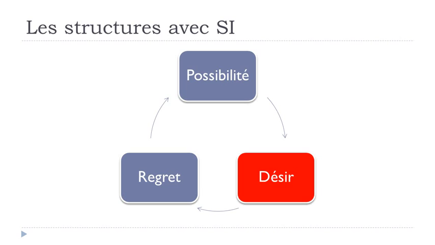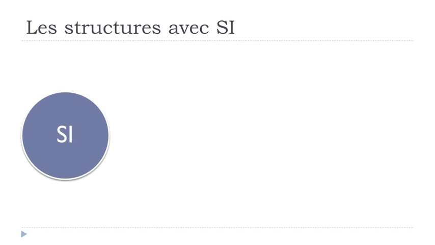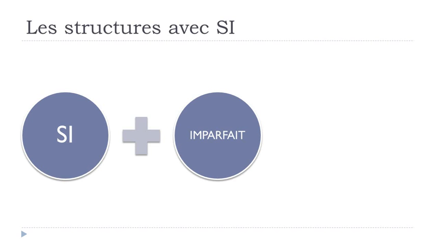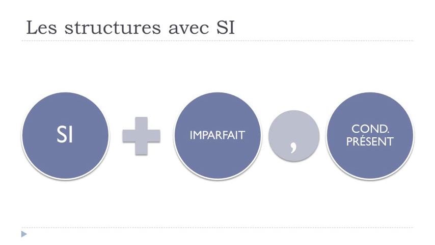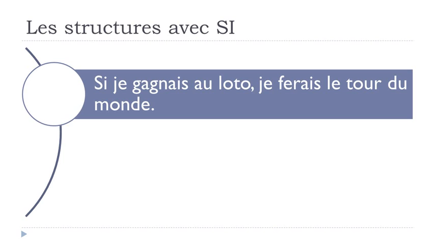Second category, if you want to express the desire, le désir. And then normally, we will use si avec l'imparfait, and it should be followed by le conditionnel présent. Okay? Donc si plus imparfait, and then conditionnel présent. Let's take one example here. Si je gagnais au loto, je ferais le tour du monde.